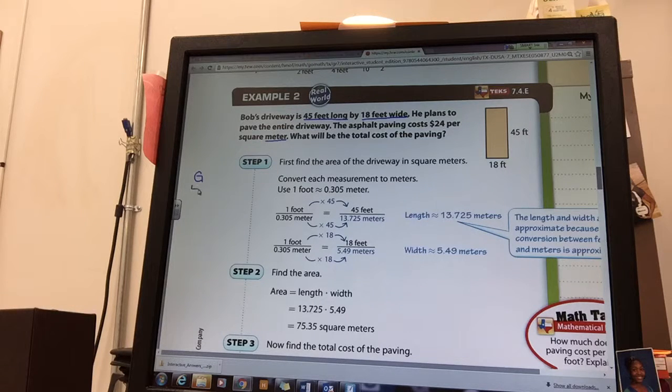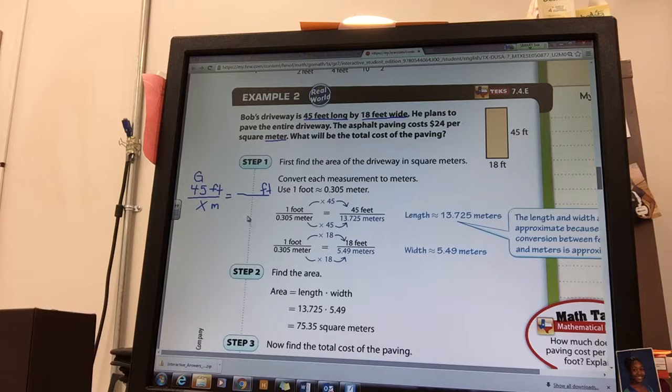So I was given 45 feet. And I'm going to again stick that over, but we're not going to stick it over 1 this time. We're just going to stick it over X because we don't know how many meters that is. Now I can put a little M here if you want to for meters. And this time, since it's a proportion, which is two fractions that are equal, the units go in the same spot also.